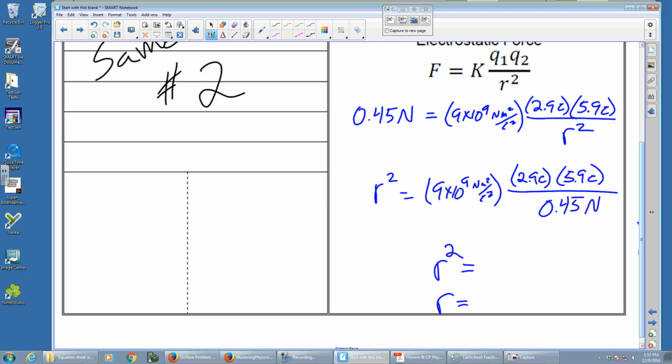So, I got 3.422 times 10 to the 11th meters squared. And now I'm going to square root that and get 5.85 times 10 to the 5th meters.